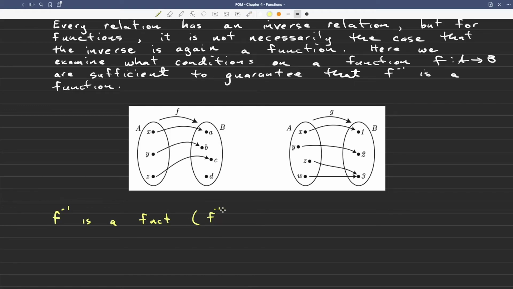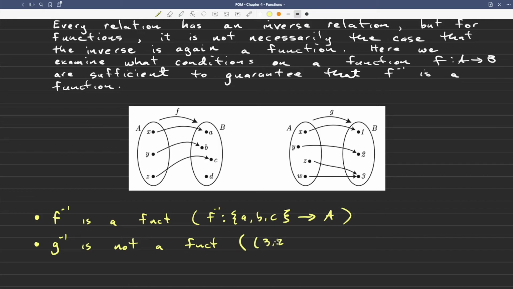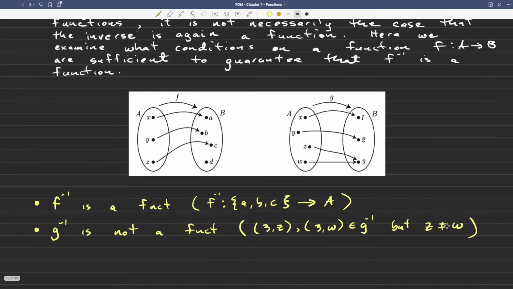In fact, f inverse is a function from the set {a, b, c}, not including d, back to A. g inverse is not a function because (3, z) and (3, w) are elements of g inverse, but z does not equal w, so that's why g inverse is not a function.